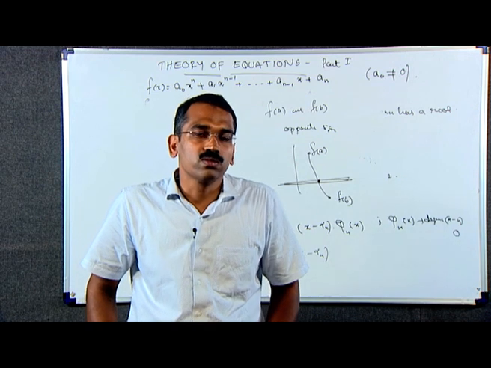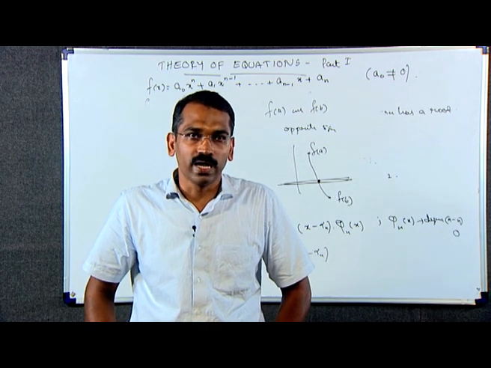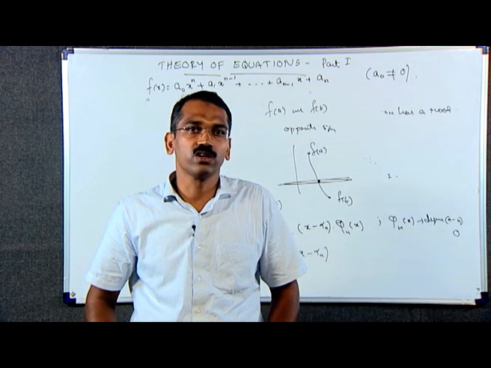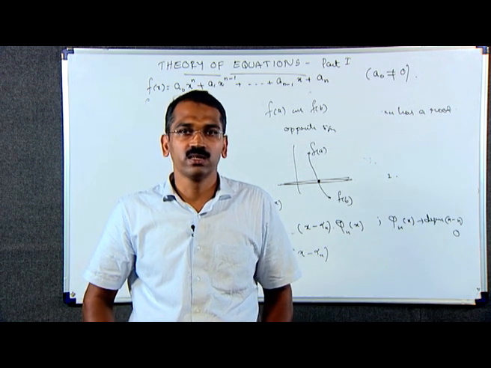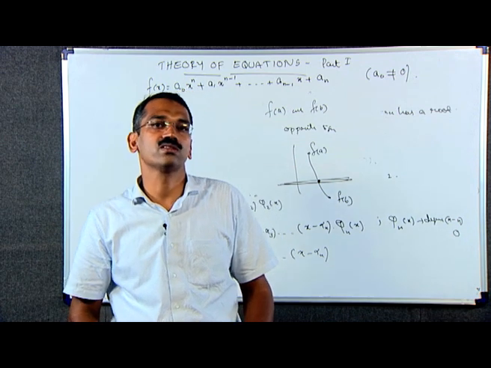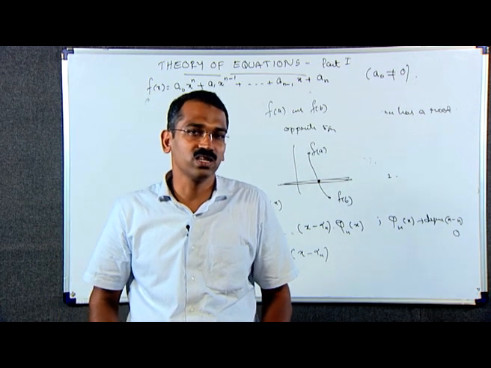Using the above theorem, we can show that if f of x equal to 0 is an equation of odd degree, then it has at least one real root whose sign is opposite to that of the last term.